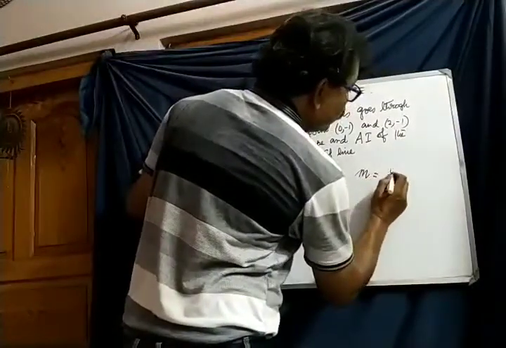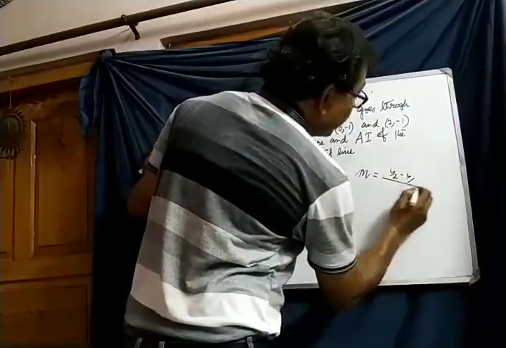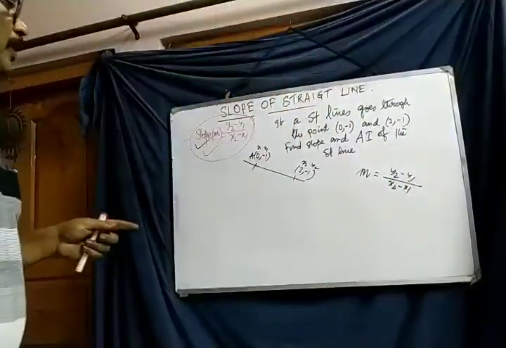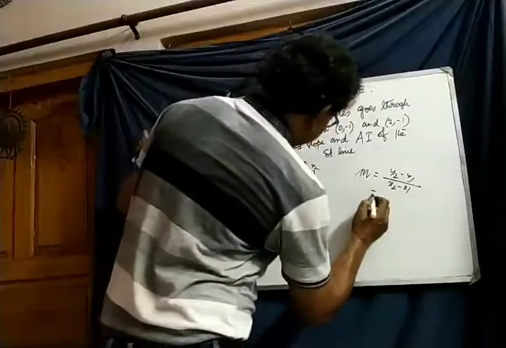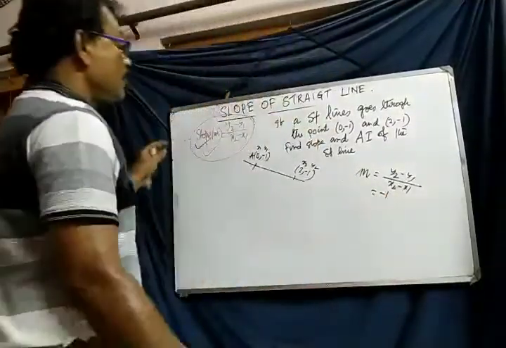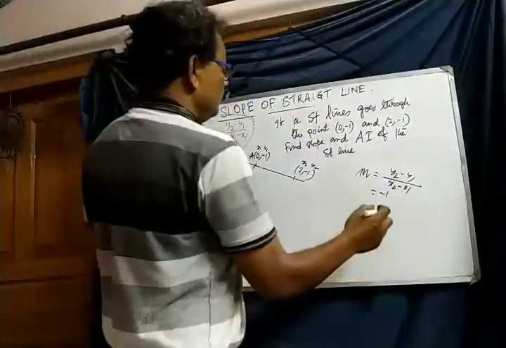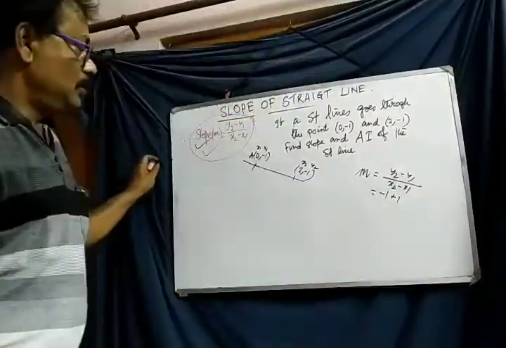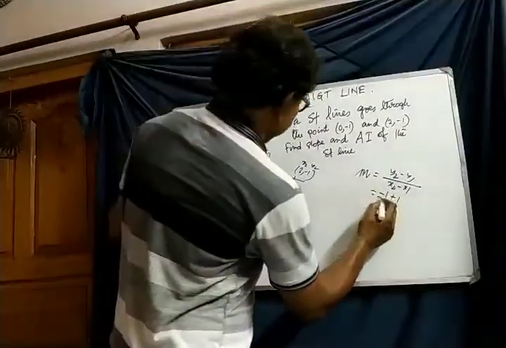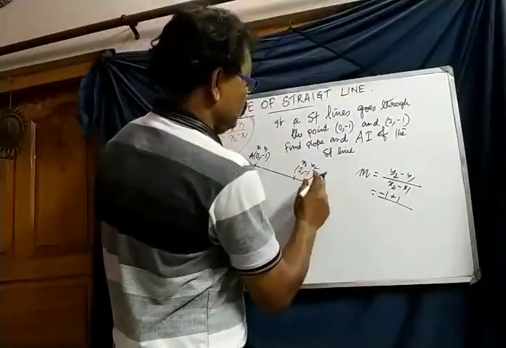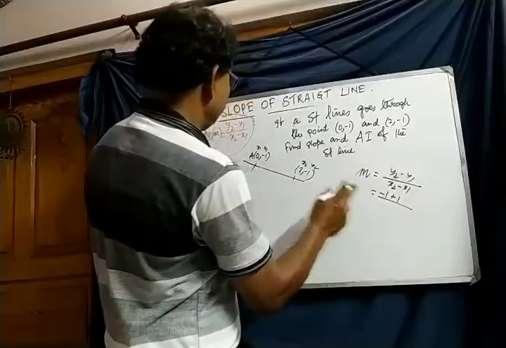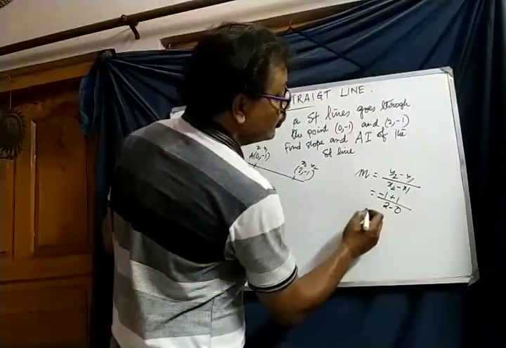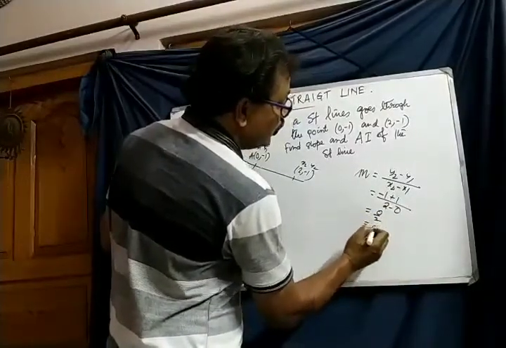What is the value of y2? Here -1. What is the value of y1? Also -1. So y2 minus y1 by x2 minus x1 means -1 plus 1 by 2 minus 0. 0 by 2 is equal to 0. Therefore the slope is 0.